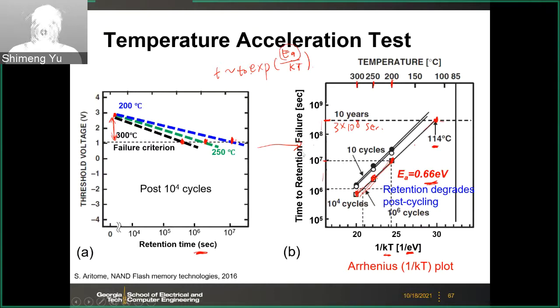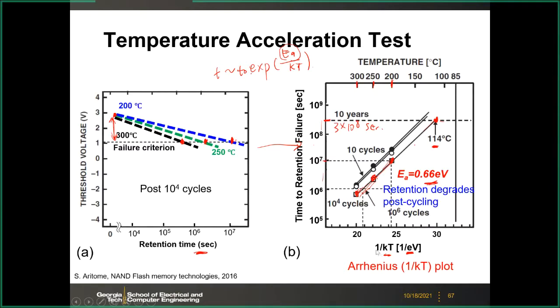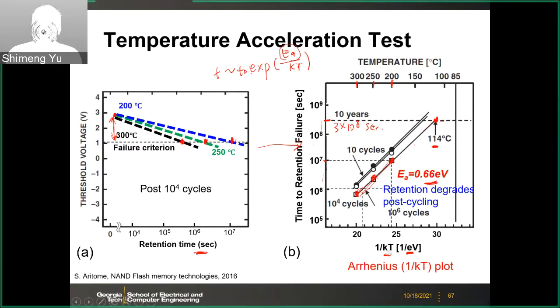So basically, we plot the retention time, or the time to retention failure, in the log scale as the y-axis. And then on the x-axis, we plot this 1/kT. kT is the thermal energy in the unit of electron volts.